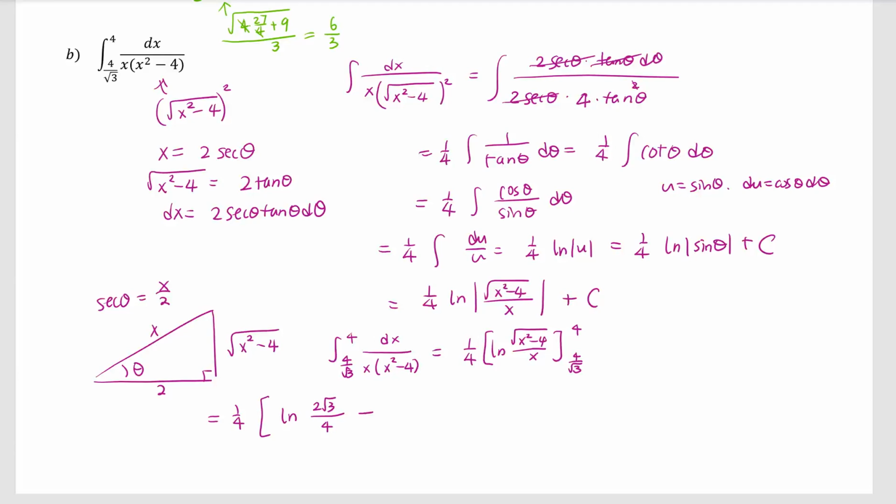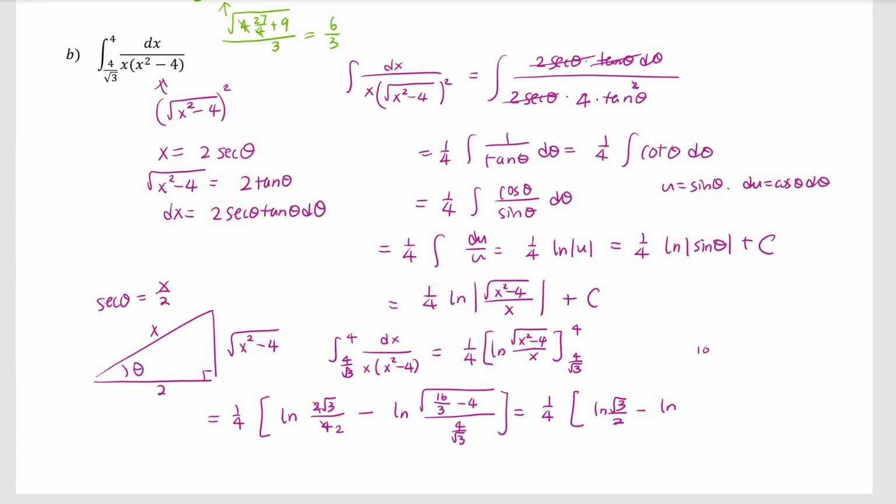And then minus, when we plug in 4 over root 3. 4 over root 3 squared is 16 over 3, so 16 over 3 minus 4.